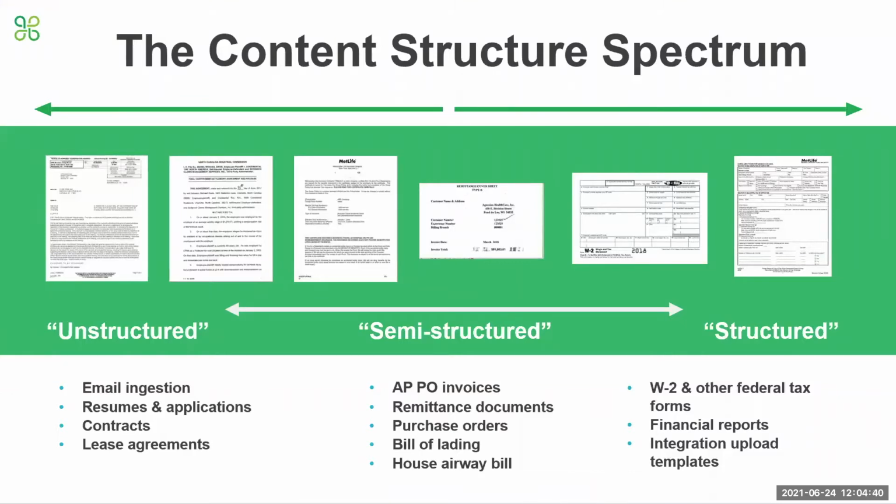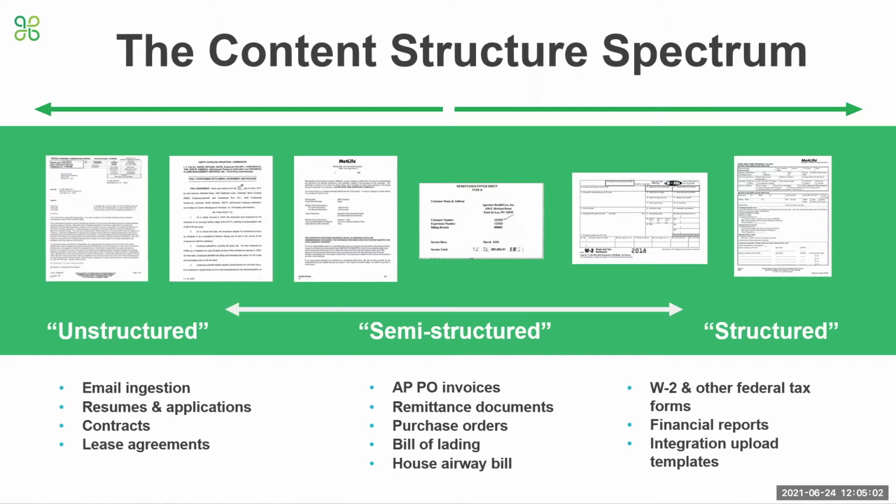Unstructured data is information that may have similar content, but also have a large number of formats. So emails, resumes, contracts, and lease agreements are all examples of unstructured data. While the purpose of the information is relatively similar, the format of the data could widely vary.